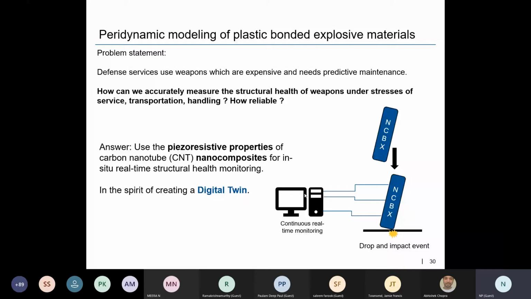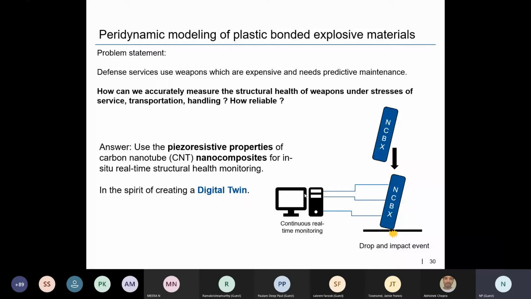So our idea was to use the piezoresistive properties of carbon nanotube nanocomposites for in situ real-time structural health monitoring of these materials. And this is in the spirit of creating a digital twin of the material. I'm going to talk a little bit more about digital twins later in my talk.